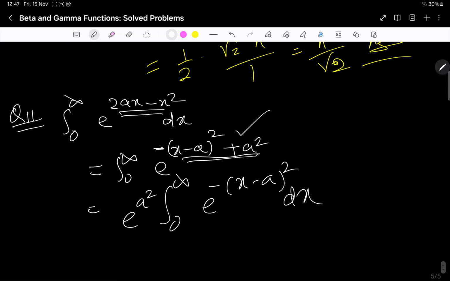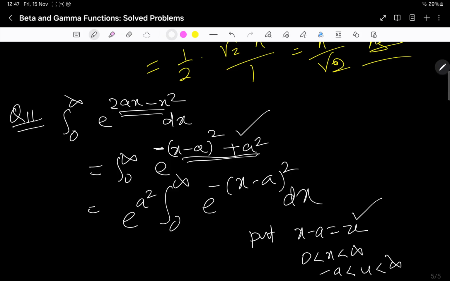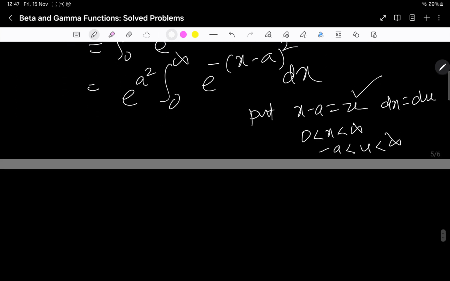Now you put here x minus a is equal to u. Okay, so when 0 less than x less than infinity, what will happen to u? Putting x is equal to 0, it is minus a less than u less than infinity. Then what happens to your dx? dx is equal to du. So you substitute it here.